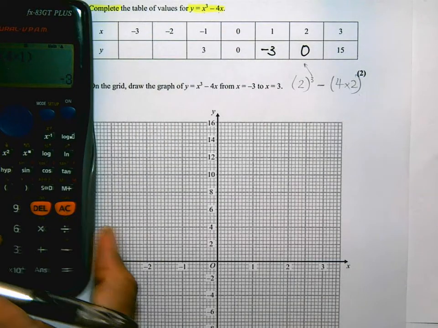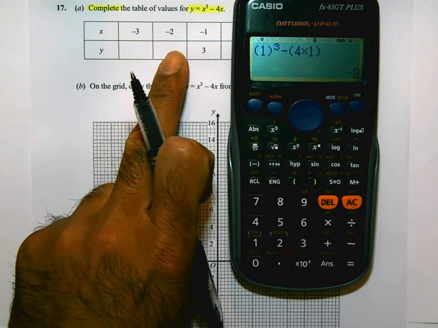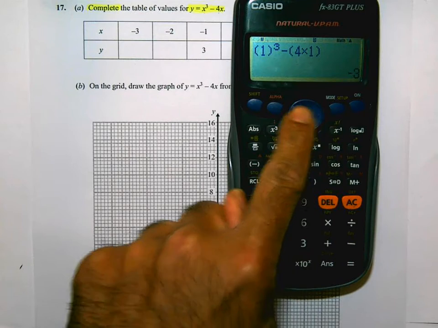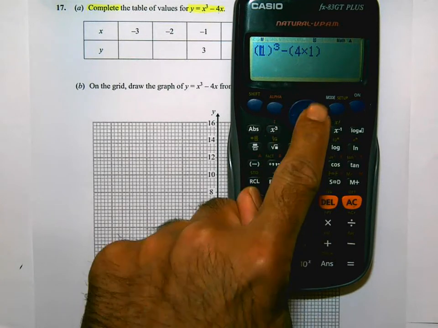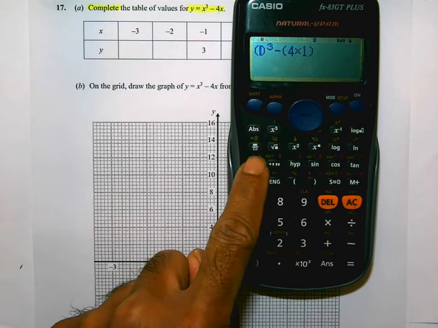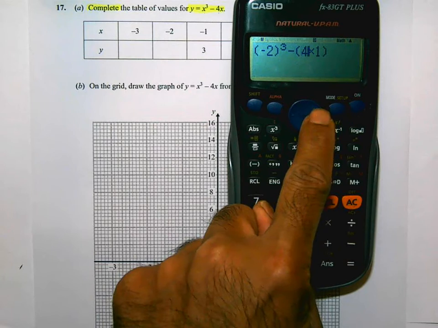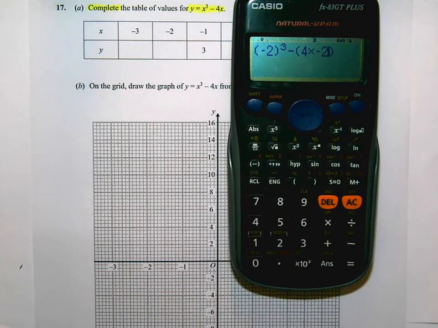Now we get to the negatives. I need to work it out for minus 2 and minus 3. I'm going to replace those 1's, first of all, with minus 2. You need to be familiar with this. Use the minus button, minus 2, and that gives me 0.